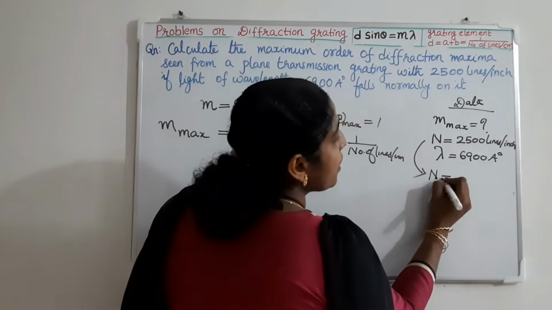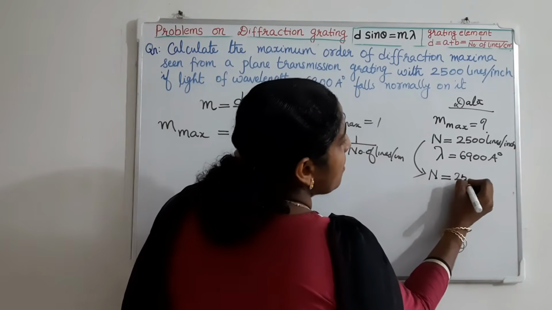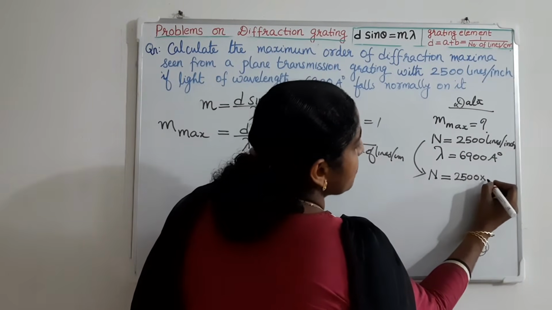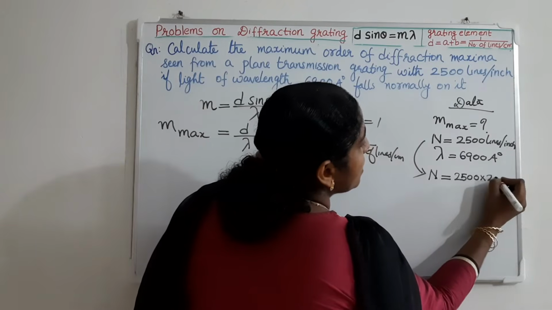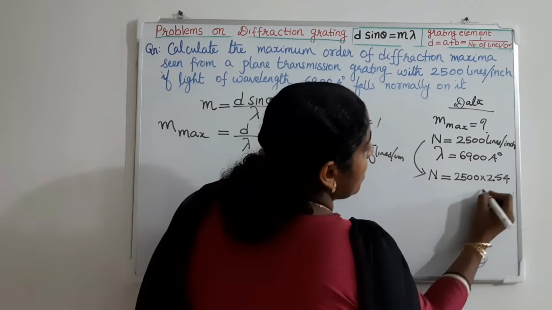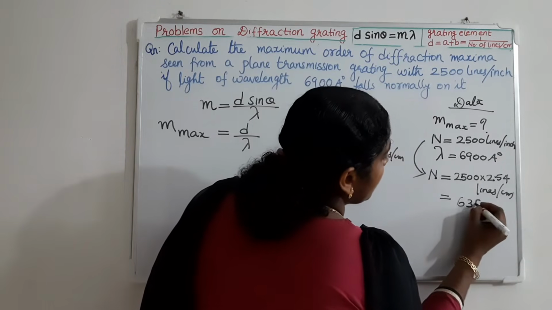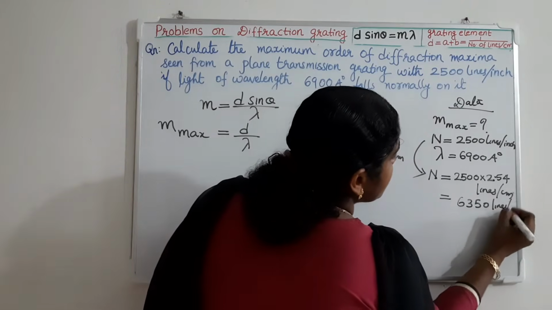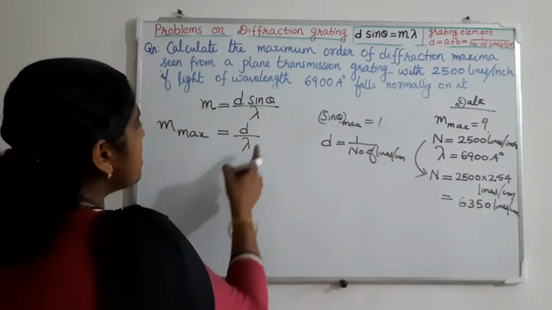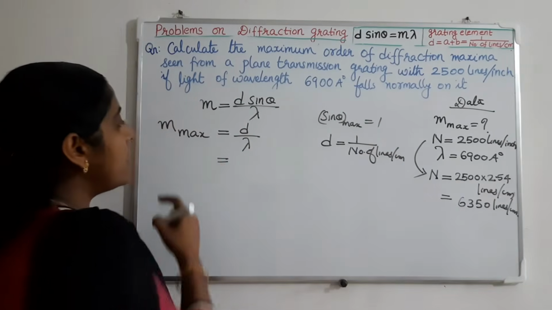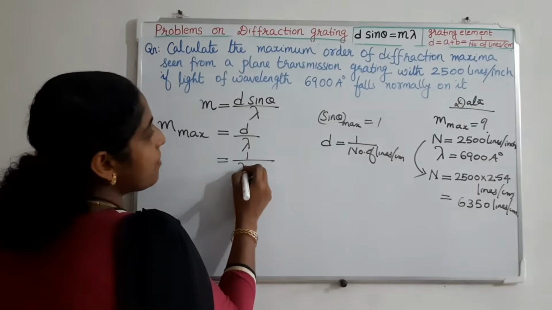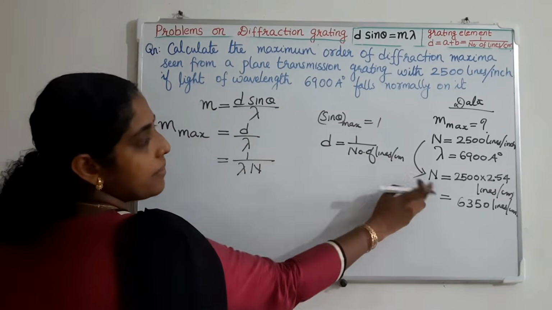1 inch is 2.54 centimeter. So the number of lines per centimeter is 2500 divided by 2.54, that is about 6350 lines per centimeter. So the maximum order is 1 by lambda n, since d is 1 by n.